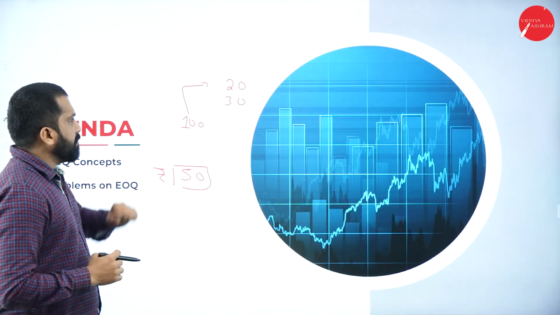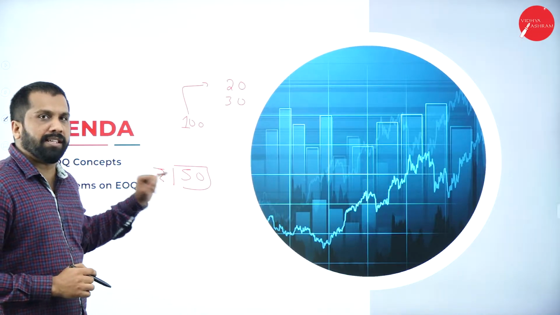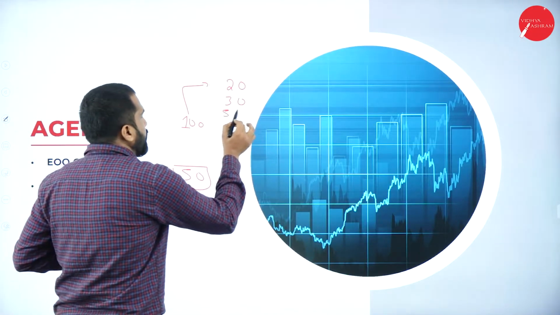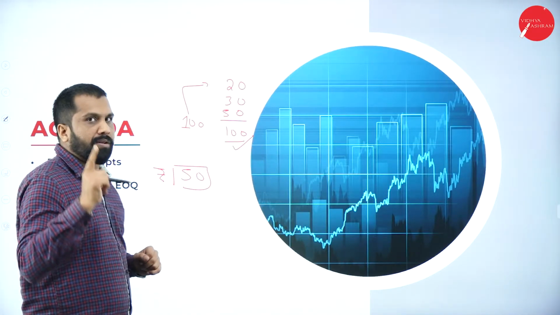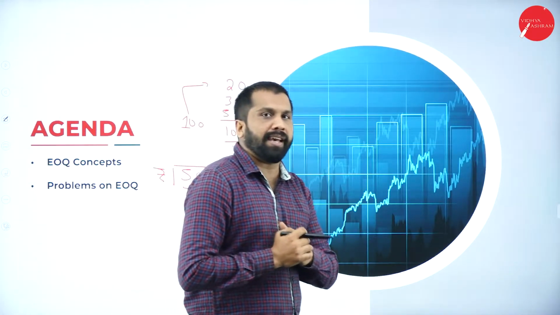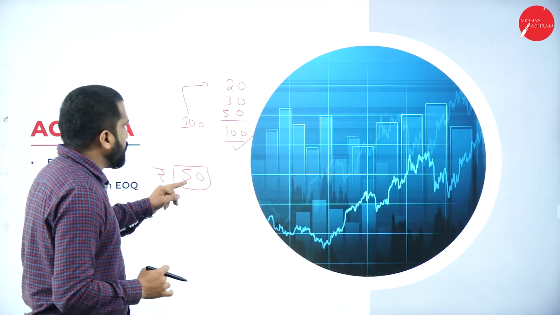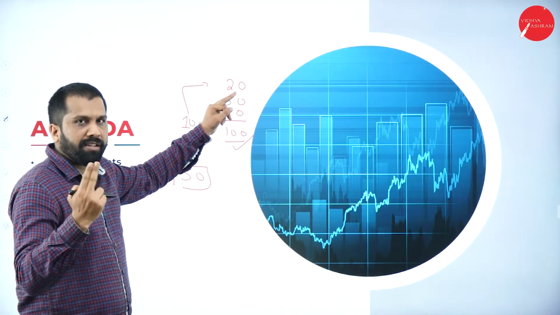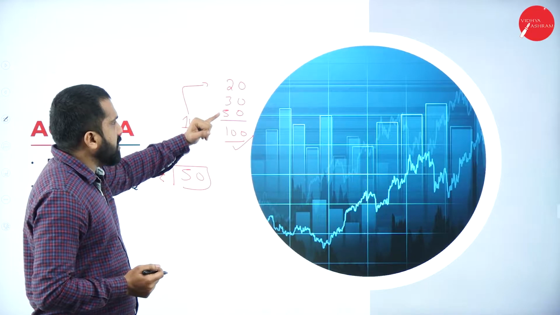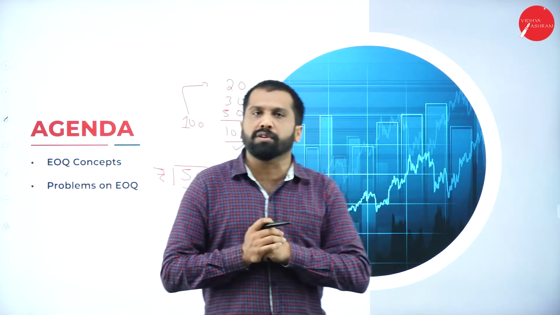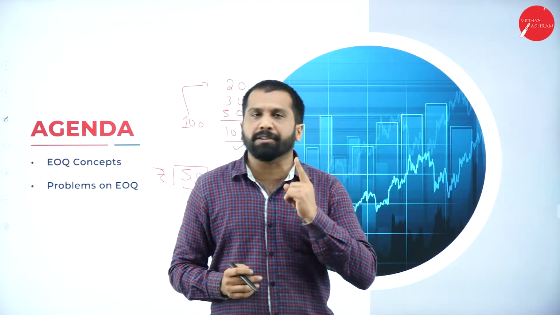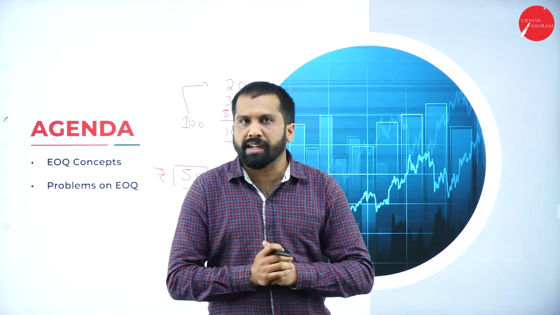So how much for the book in Sapna Book House? 50. For one book, one student will spend 100 rupees. Again, I'll repeat: book cost is 50, your fuel cost is 20, your snacks are 30. You will pay 100 rupees. Hope you are clear. You are getting my point?